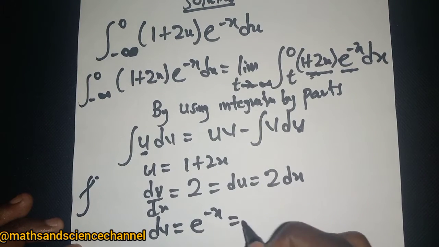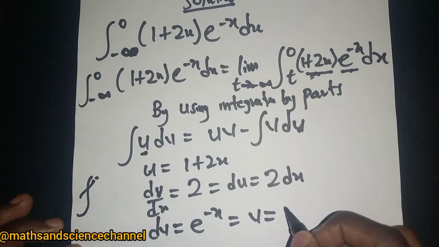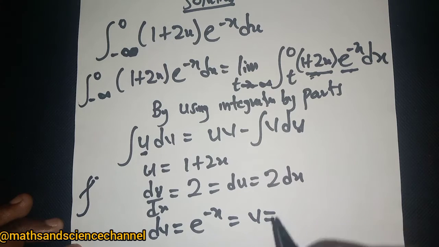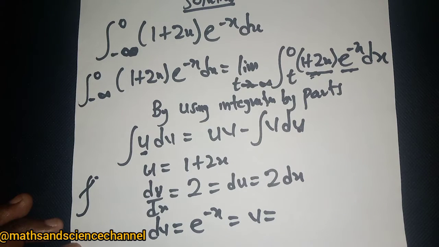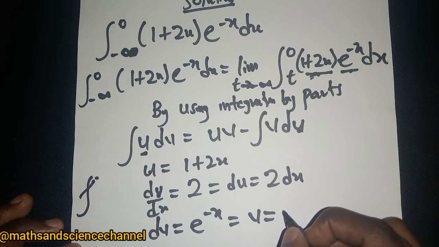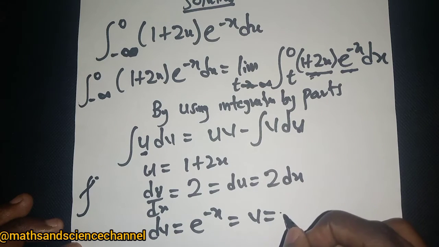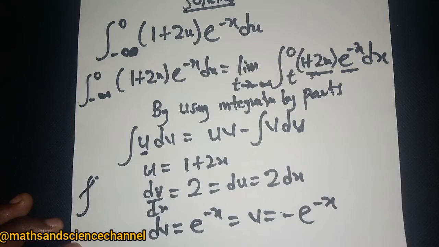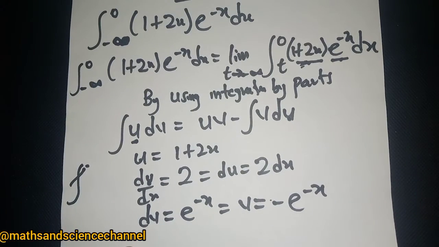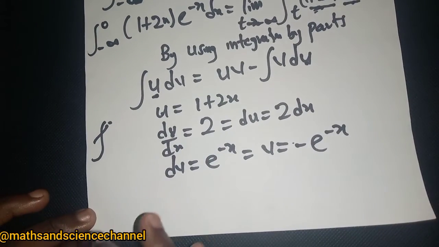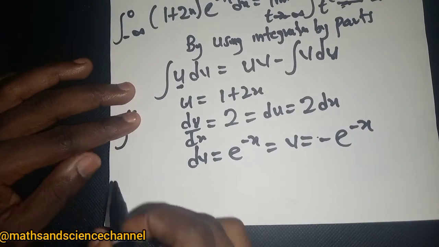To get our v, we have to integrate this. Integrating it, we have negative e to the negative x as the value of v. So let's put that into the general formula.